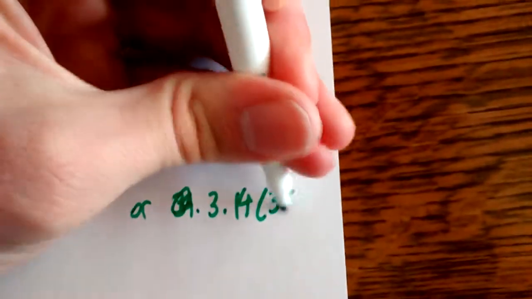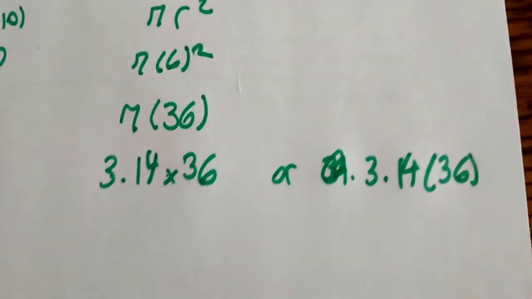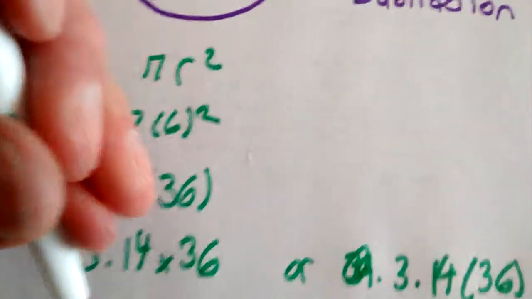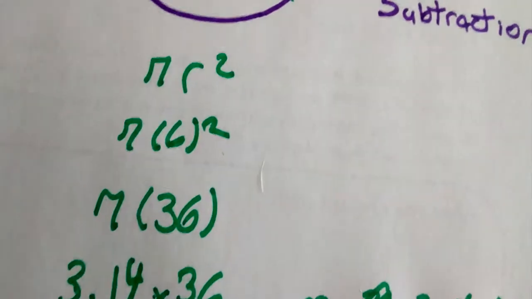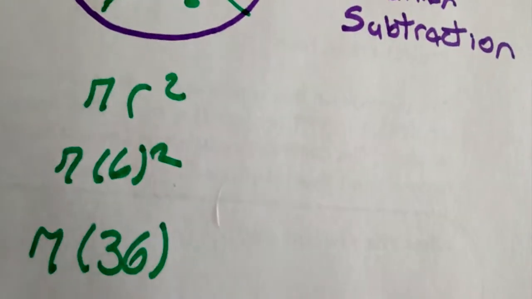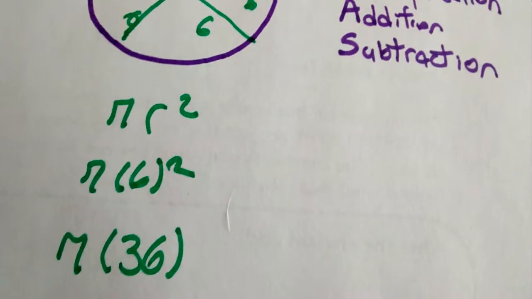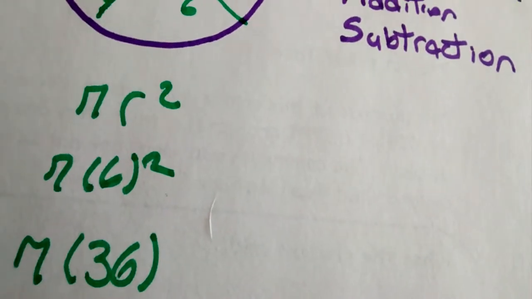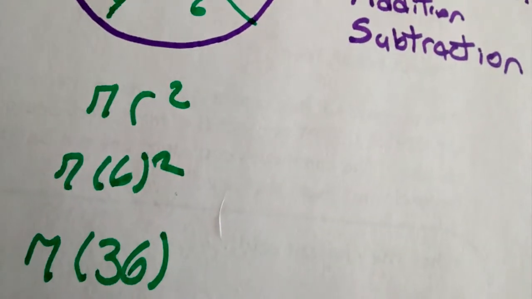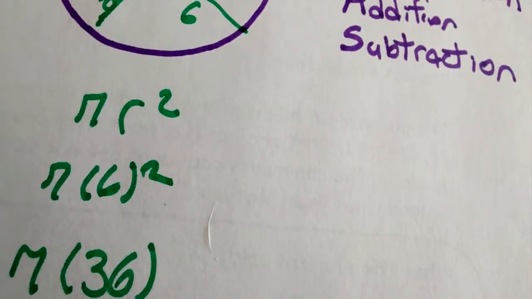Both are exactly the same. 3.14 times 36 is the same as doing that there. And 3.14 times 36 equals 113.04.